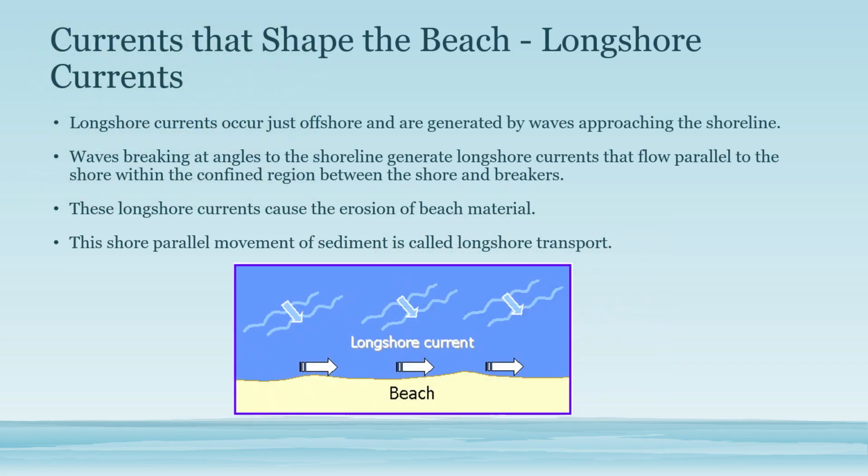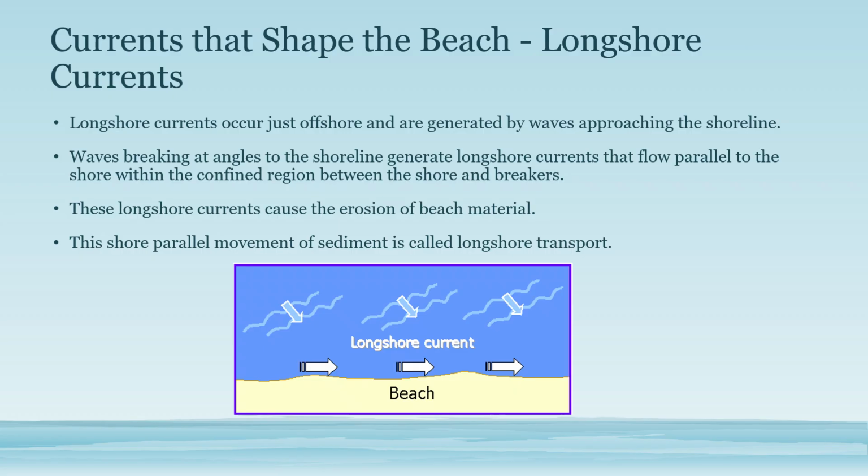Now, we've talked a little bit about beach erosion, especially with waves, and the prevailing winds create prevailing waves, and those waves push in a direction, and that's called longshore current. So beaches are eroded by waves that cause longshore current, and they push the sand in that general direction.